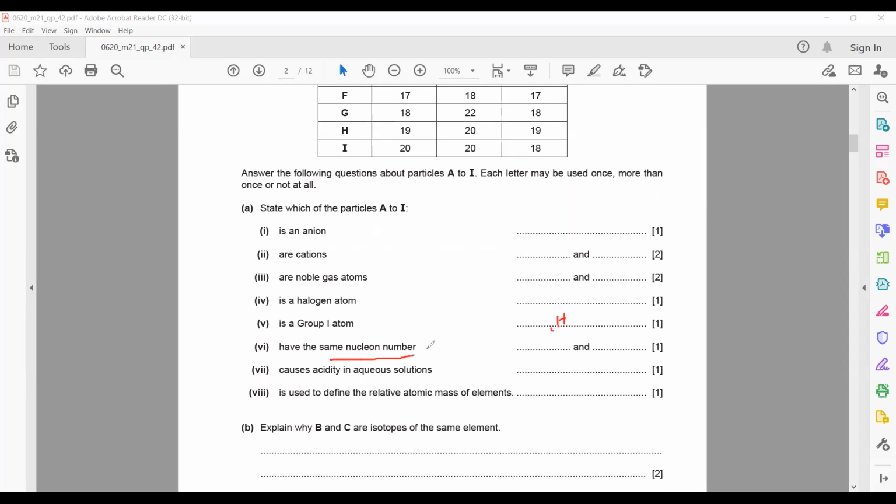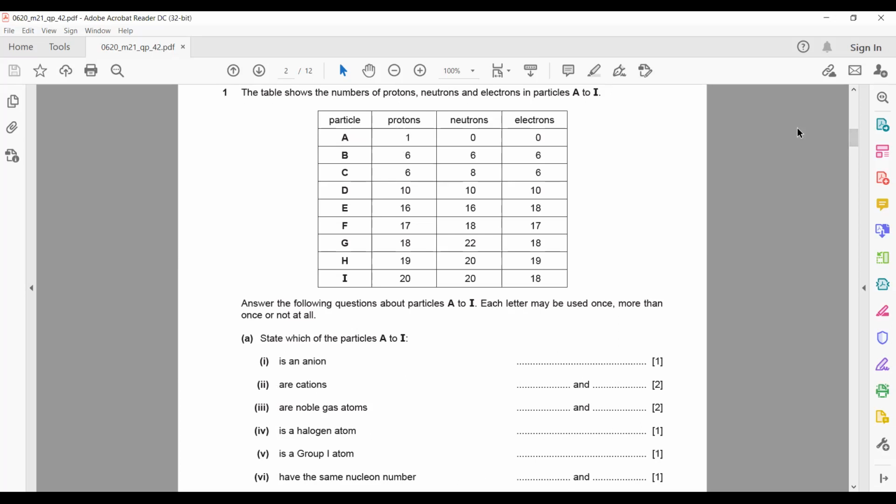Then they have the same nucleon number. The sum of neutrons and protons is called the nucleon number. So which two atoms have the same nucleon number, the same sum of neutron and proton? When you add them, you will get the same result. So what is the nucleon number for A?